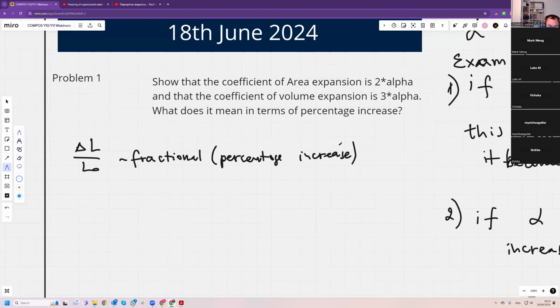If you multiply it by 100%, it becomes the percentage increase in length. And delta L divided by L0 is alpha delta T, where delta T is the change in temperature.